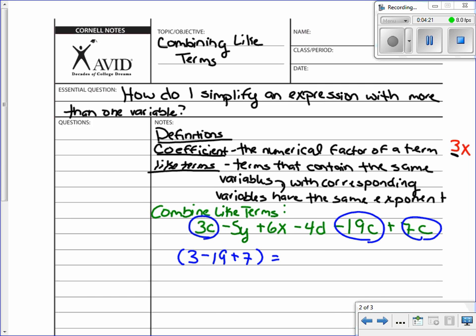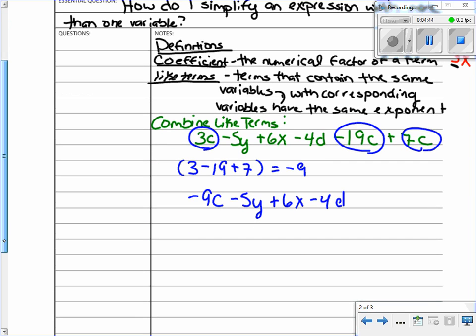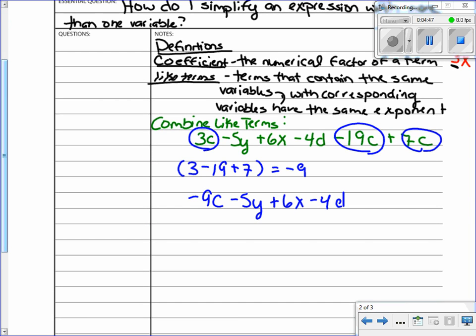So 3 minus 19 plus 7 is going to give us negative 9. So our final answer is negative 9c minus 5y plus 6x minus 4d. The other terms that you don't use just come right on down. You only combine what are like.